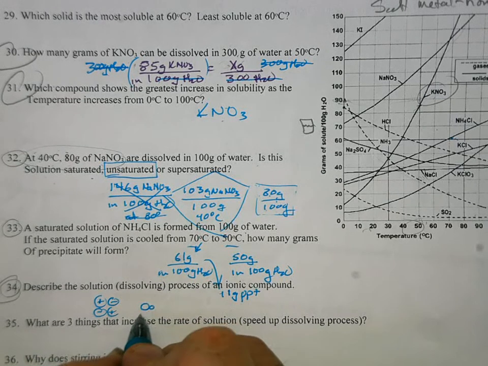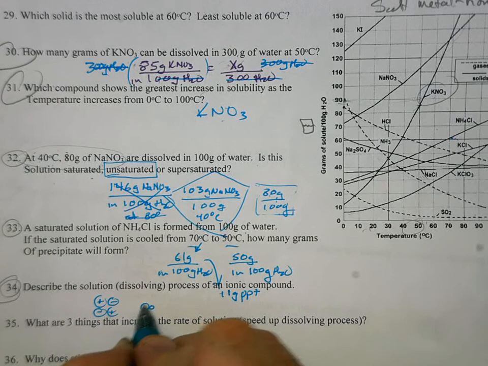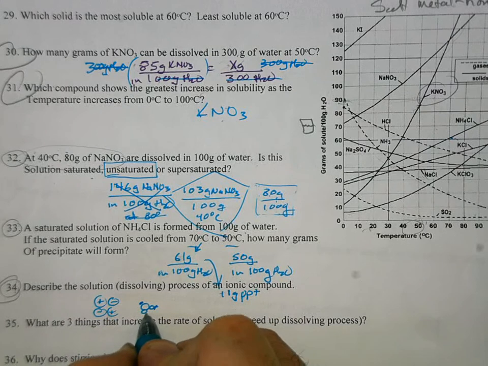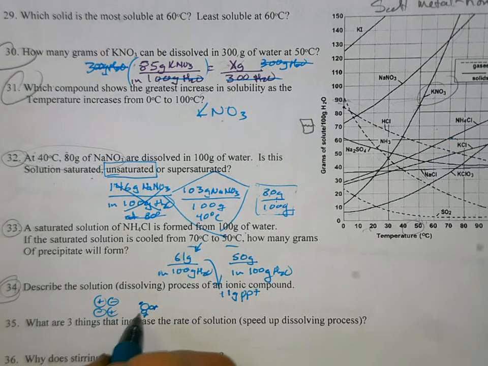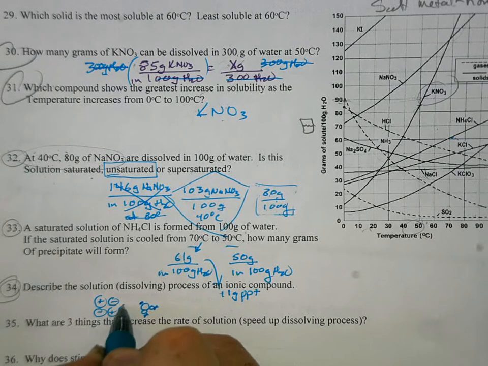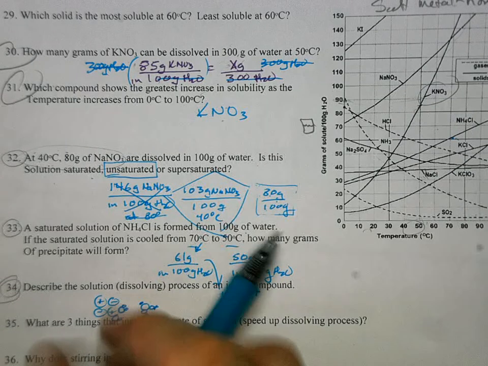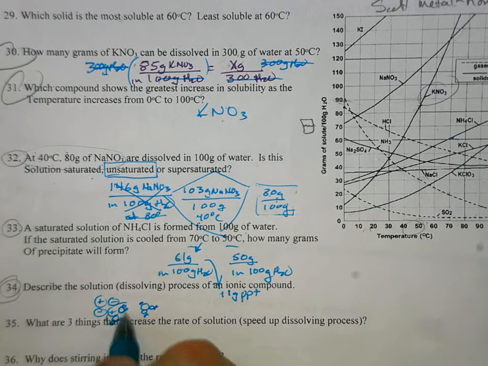Now, water molecules, this side of the water molecule is the oxygen side, slightly negative, electronegative. The hydrogens over here are slightly positive. So what tends to happen is the negative ends of the oxygens tend to gather around a positive ion, and then they pull it off and separate it in solution.